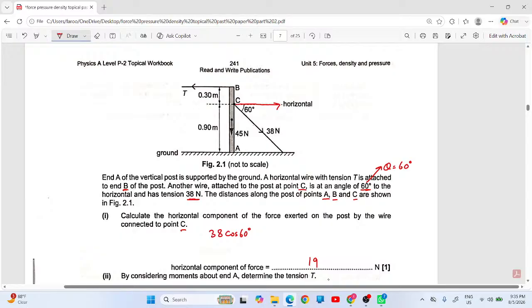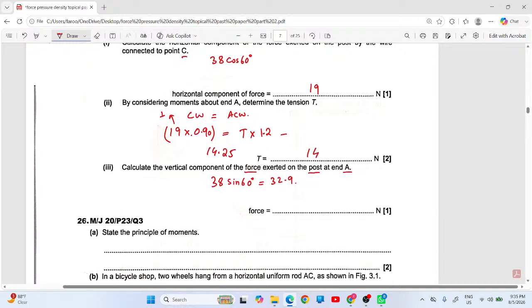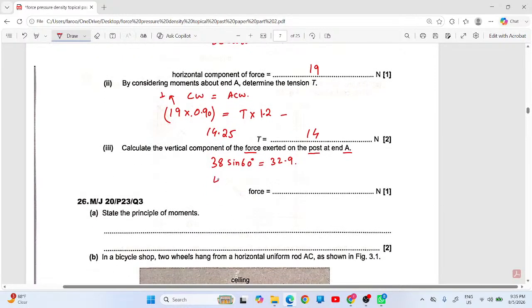So the vertical component is, we already have a weight, so weight is acting, so this equals 45 plus 32.9. 45 plus 32.9. Now check, 77 point, so this is 78, write it down.